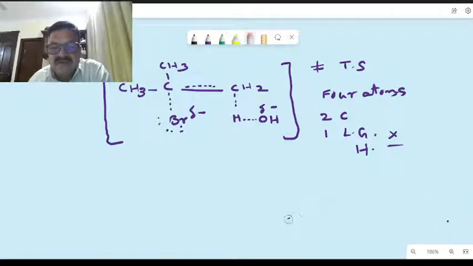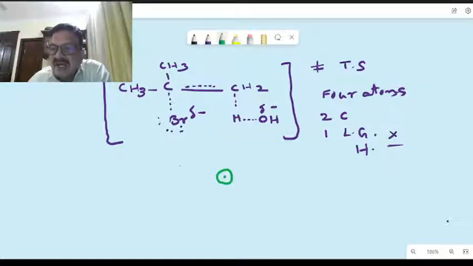Now if we draw this Newman projection, we will get a better idea. This is the outer carbon and the inner carbon atom. That is how the Newman projection is done. This is the outer one, and here is the inner one.